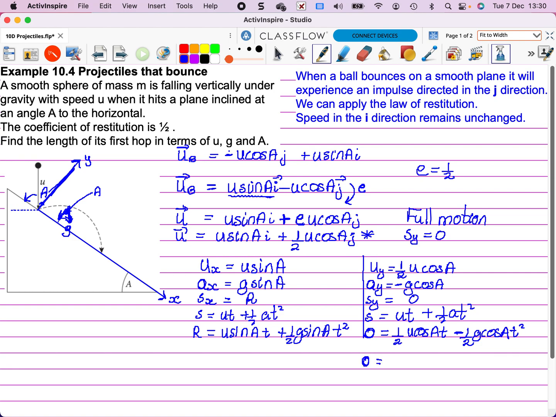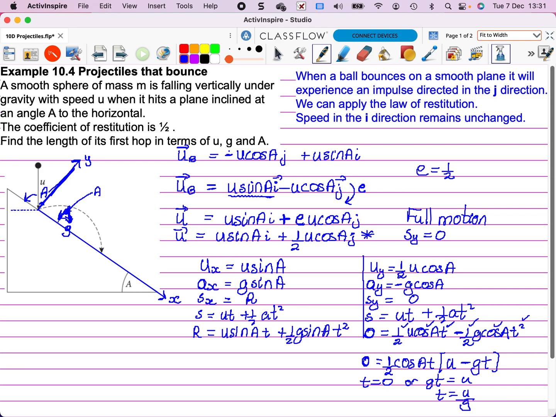Taking out the highest common factor, we can take out 1/2, cos A, and a t. When we take those out, we're left with u. Similarly, when we take out the 1/2, the cos A, and one of the t's, we're left with gt. From this, we've got the traditional t is equal to 0, or gt is equal to u, therefore t is equal to u over g.